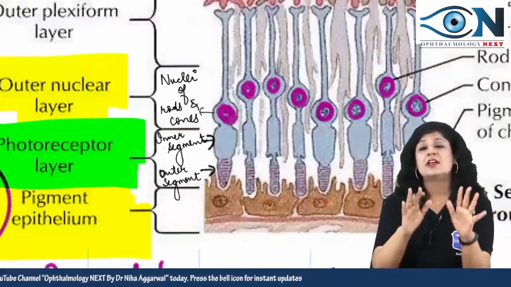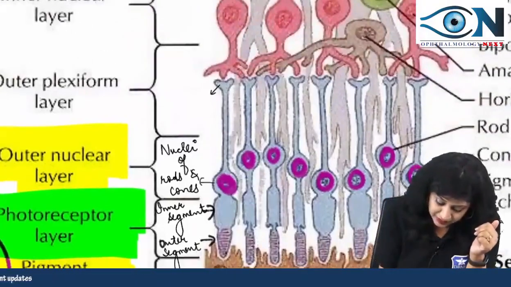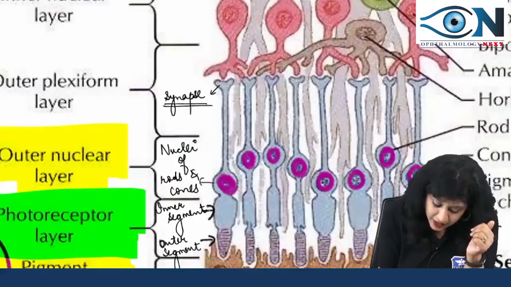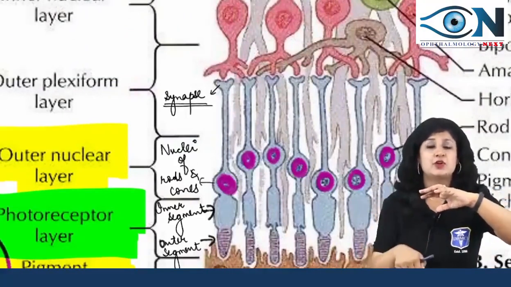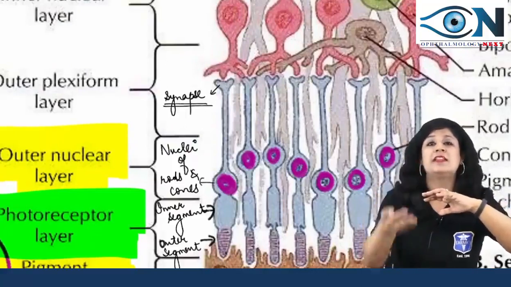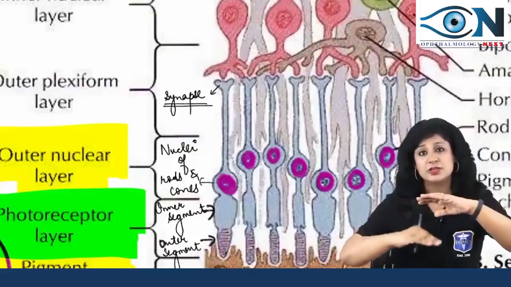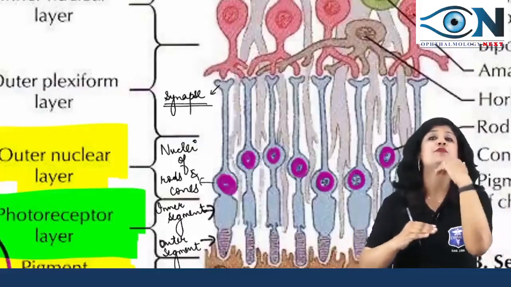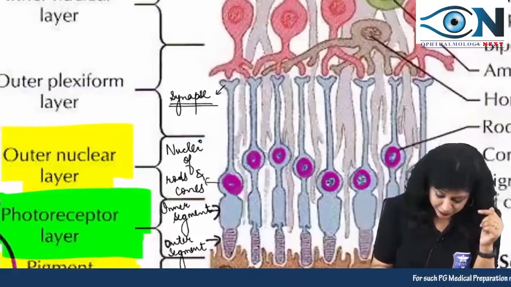Still the rods and cones have not ended, and they are going to the next layer and forming this synapse. Now if you see here, on one side of the synapse I have got these rods and cones, which are the first order neurons. So obviously on the other side I will have the second order neurons.